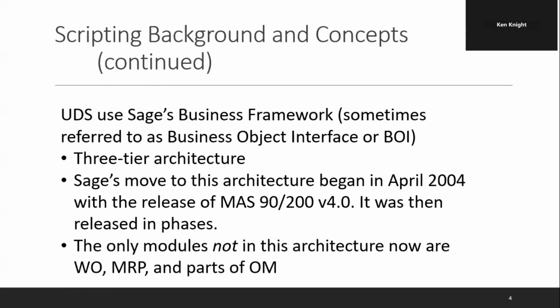The only modules not in this architecture at this point in time are work order, MRP, and parts of operations management. Now, work order and MRP are being phased out. They are being replaced by production management and IRP, which are written in this new three-tier architecture with a business object model approach.